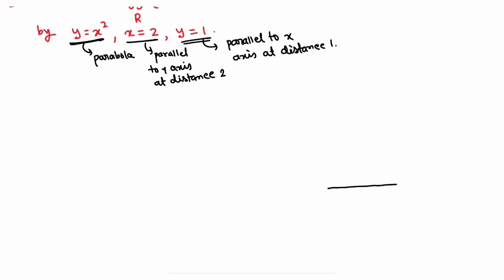Let's say this is x axis and this one is y axis. We have to draw the figure only in the first quadrant. Okay, so y equals x square, that means a parabola above x axis. Let's say this one. Now x equals 2 means parallel to y axis at a distance 2.